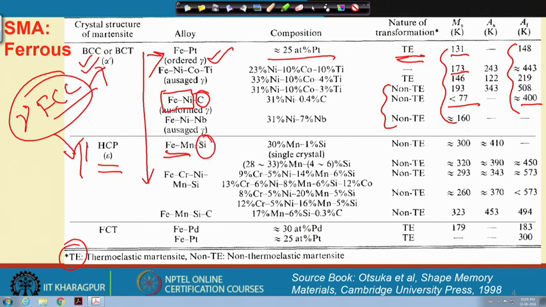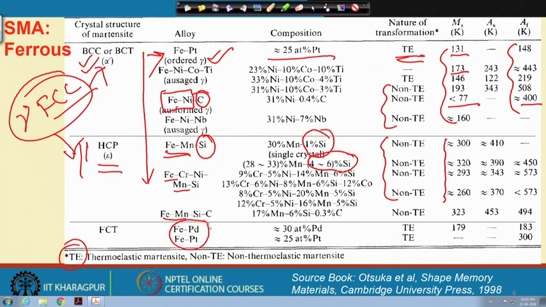Here silicon is also important to add, we will discuss later on, even though the silicon is somewhere like 1% or maximum up to 4 to 6% has been observed. In these particular cases, people have observed that these are also non-thermoelastic martensite that forms, even though the MS temperature is a little bit near room temperature in all these cases, where this is a typical iron manganese system, where some substitution of other alloying elements is also present.